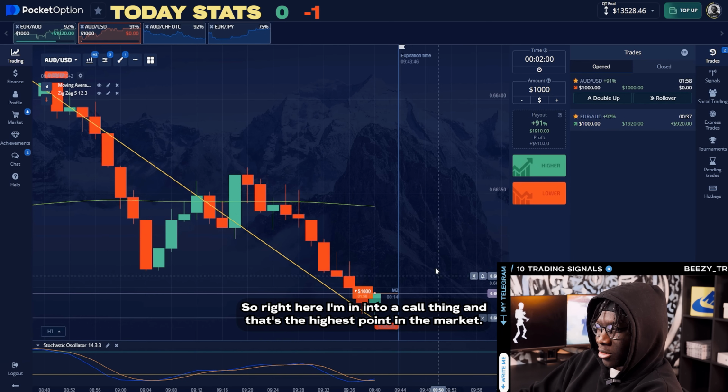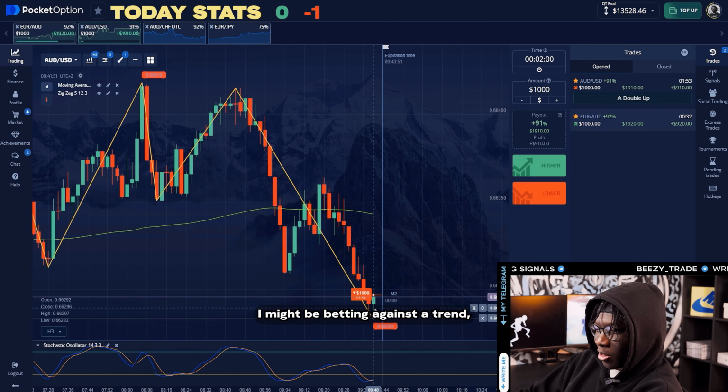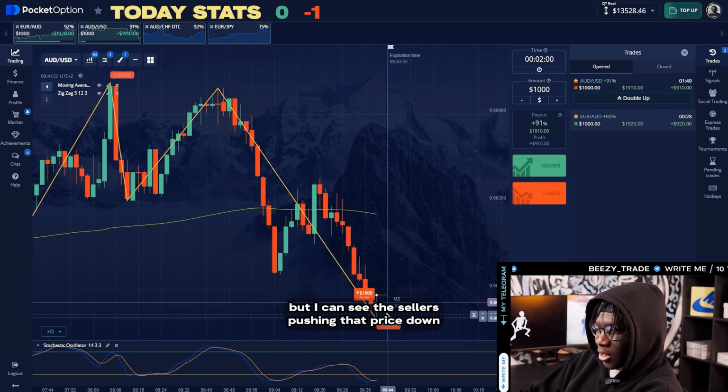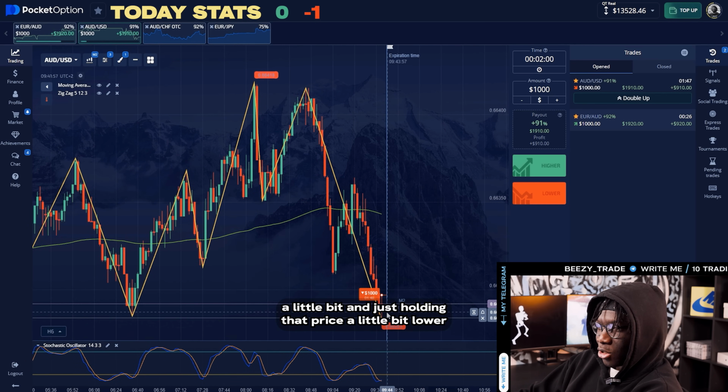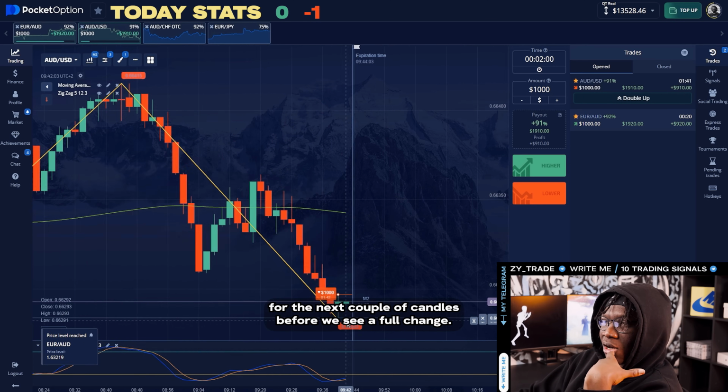So right here, I'm entering into a call, thinking that's the highest point in the market. I might be betting against the trend, but I can see the sellers pushing that price down a little bit and just holding that price a little bit lower for the next couple of candles before we see a full change.